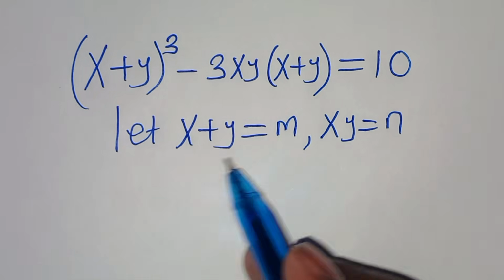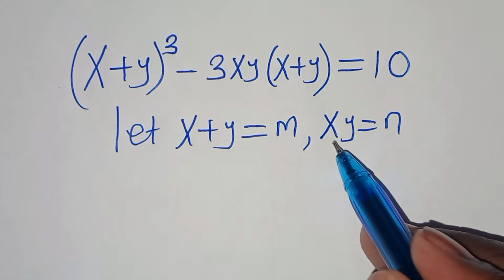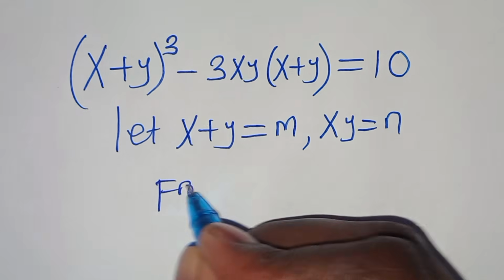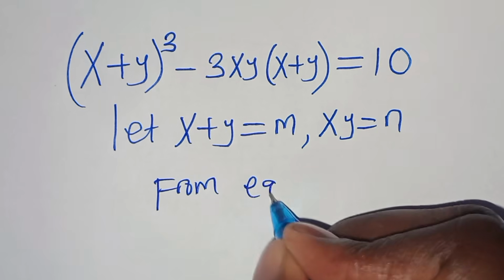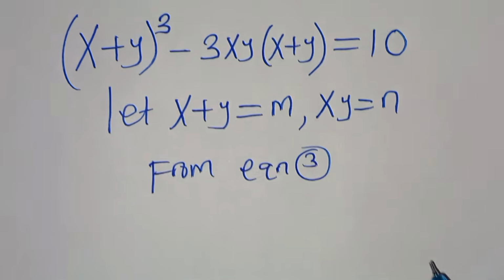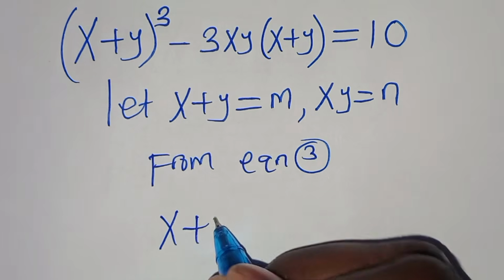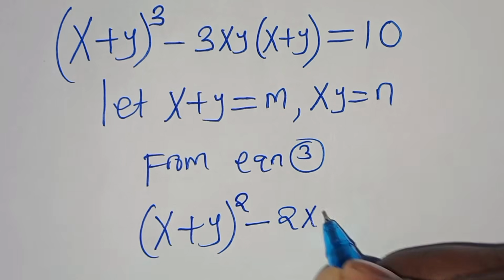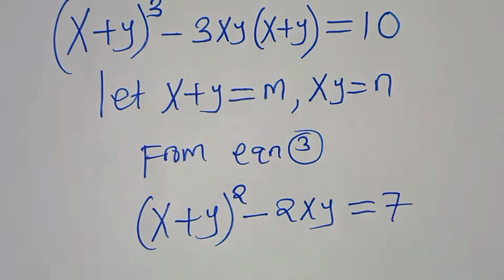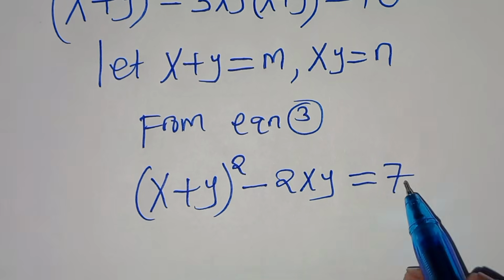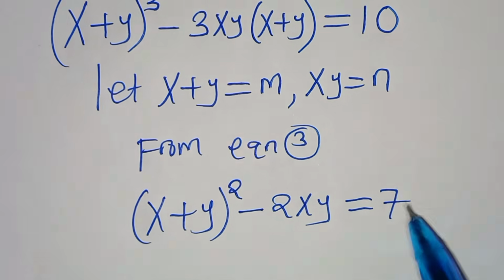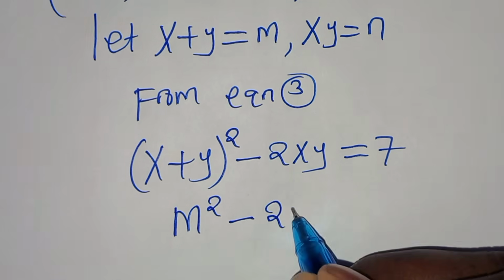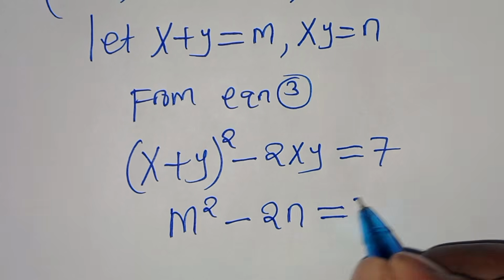Now from equation 3, x plus y raised to the power of 2 minus 2xy is equal to 7. In terms of m and n, this is m to the power of 2 minus 2 times n. This is equal to 7.